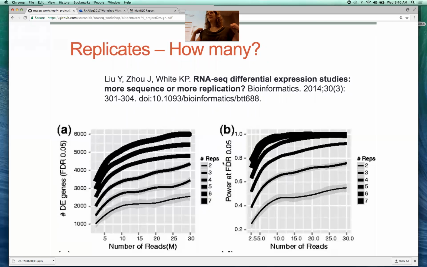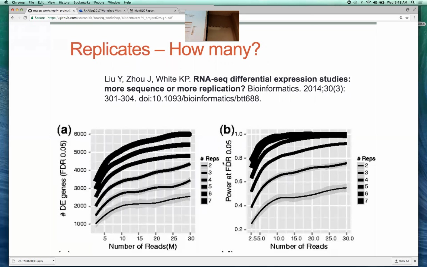Just a quick question about this paper's results. If I have a limited budget, should I increase the biological replicates or try to get more reads? What's the result? I would go with more biological replicates, for sure. If you spent a whole bunch of money and got a whole bunch more reads, this would get you out to some number of differentially expressed genes.